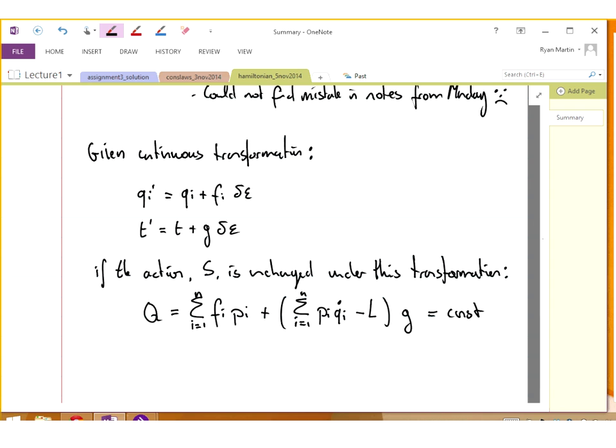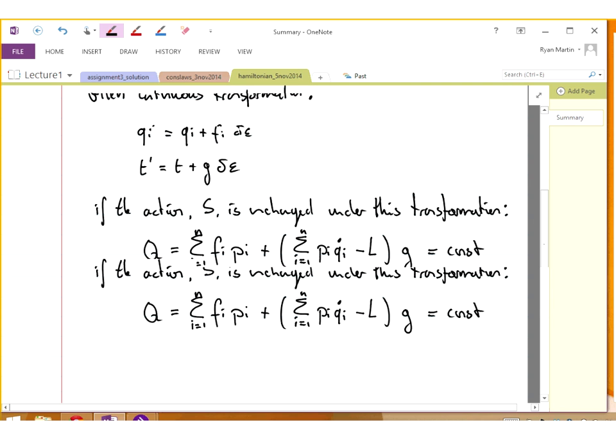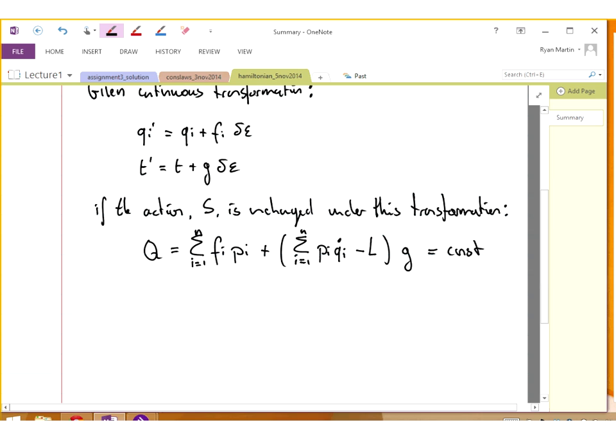So this first term is associated with the transformation of the coordinates.